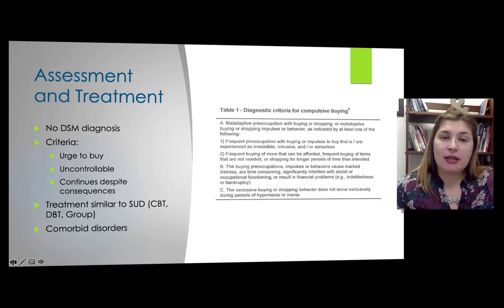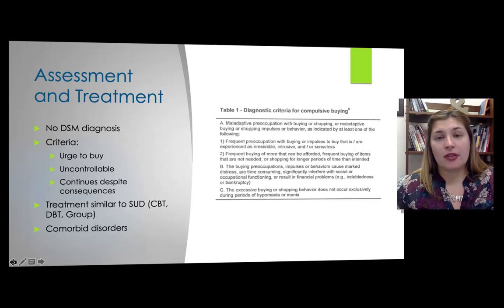There are similar treatments to substance use disorders, including CBT, dialectical behavioral therapy, and group therapy like Shopaholics Anonymous. And of course, they also have a very high co-occurring disorder with other mental health disorders, specifically depression.